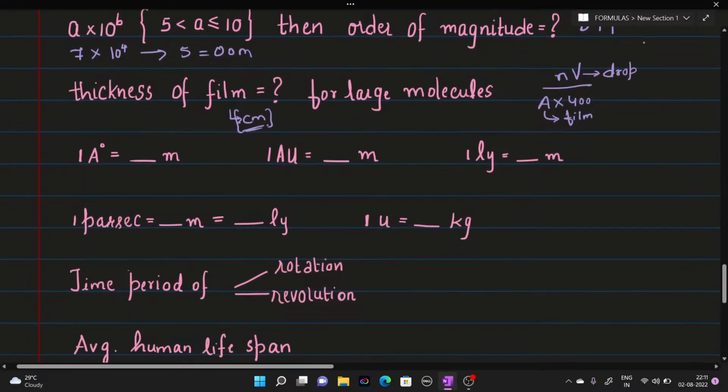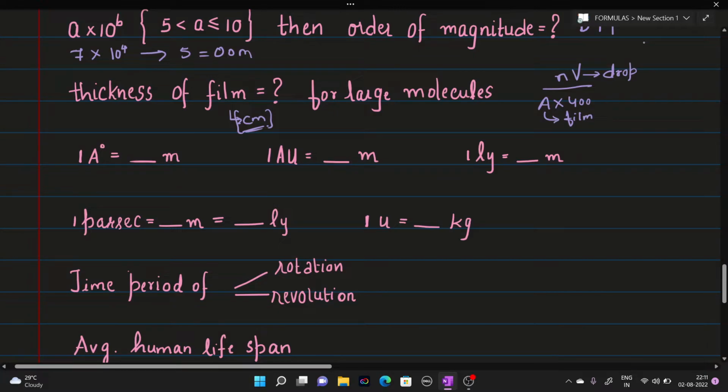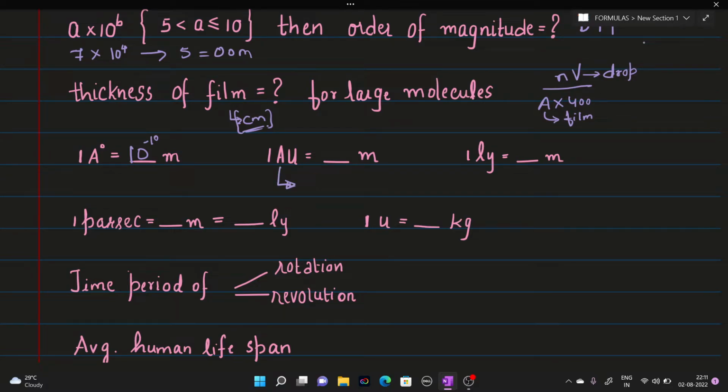Next is 1 astronomical unit. The value of 1 angstrom is said to be 10 to the power minus 10 meter. Next, for 1 astronomical unit, converting to meters, it is 1.496 into 10 to the power 11 meters.